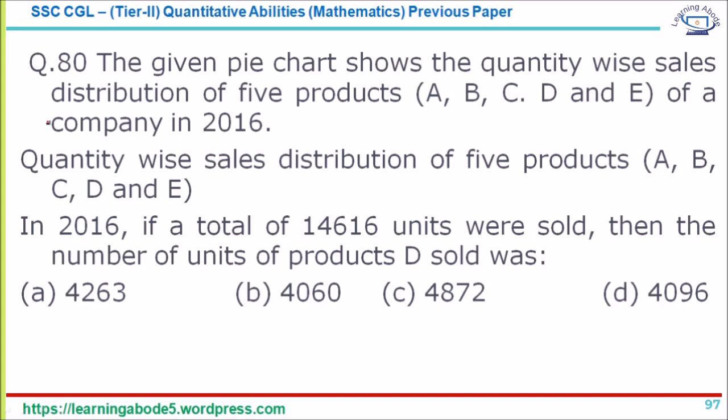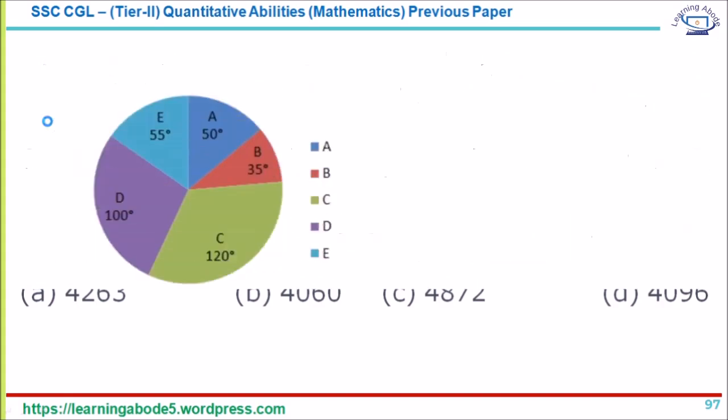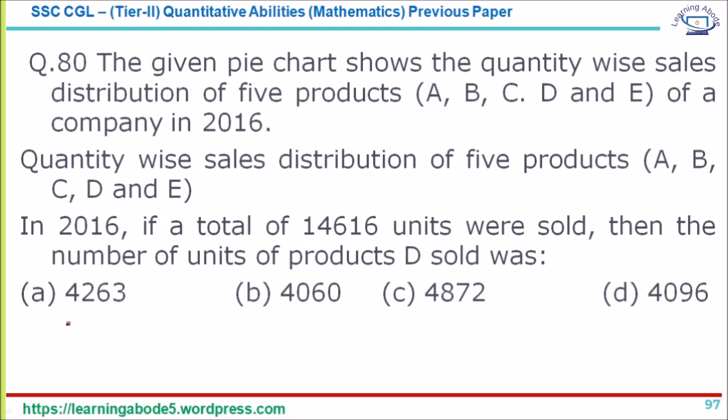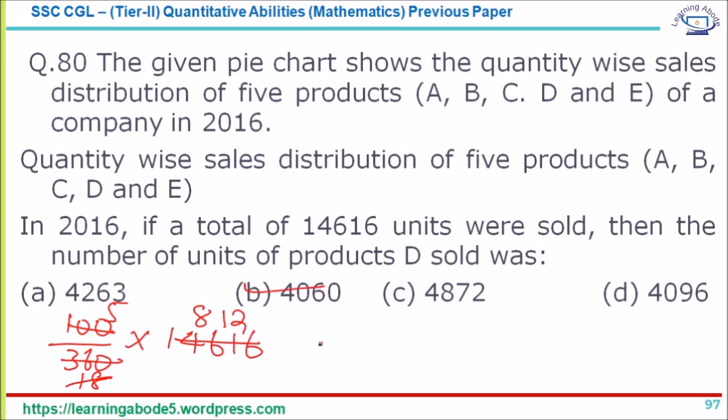If a total of 14,616 units were sold, then the number of units of the product that is 100 degrees would be 100 out of 360, which is 5 by 18 of the total. Dividing 14,616 by 18 gives 812, and 5 into 812 is 4060. So 4060 is the answer for this question.